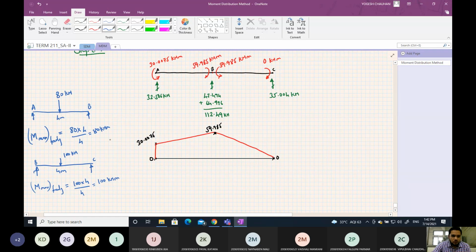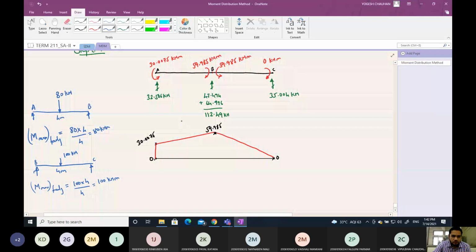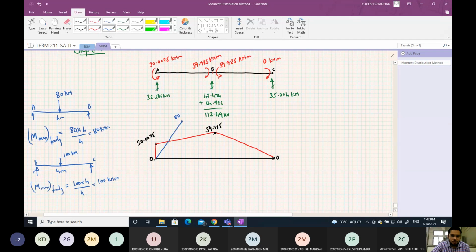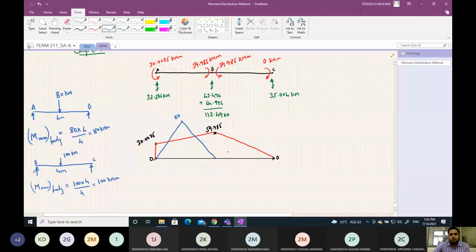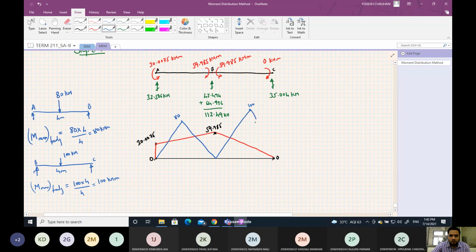So you can now plot this moment on this. At the midpoint where there is the point load, it is 80. So you connect this by a linear line. Then here it is 100. Again, since it is a point load, the variation of the bending moment diagram will be linear.